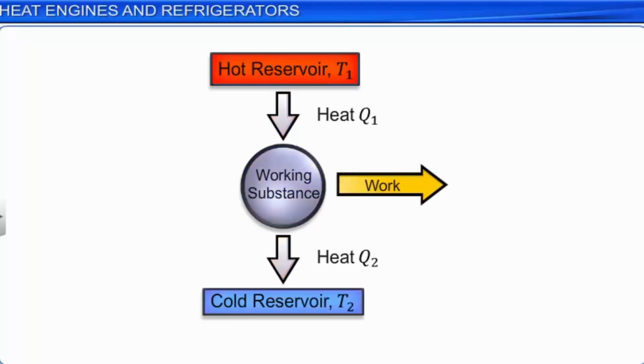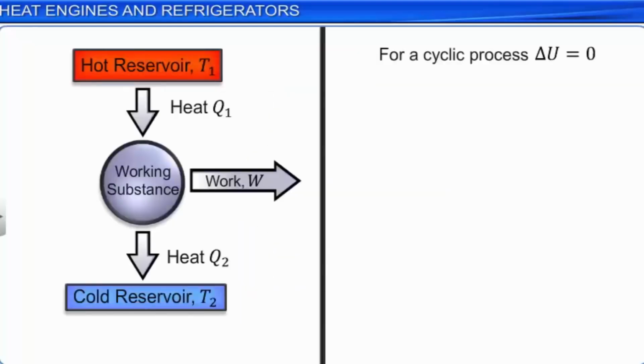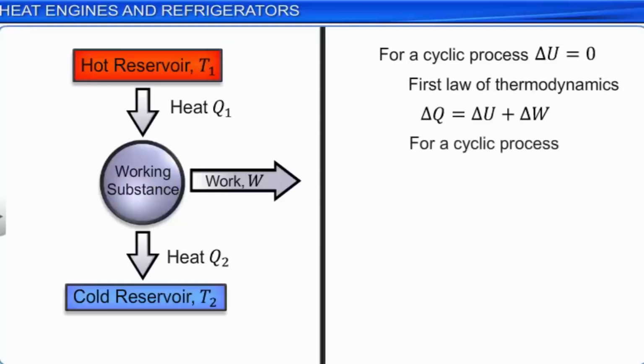That means delta U is equal to 0. But according to the first law of thermodynamics, we have delta Q is equal to delta U plus delta W. Therefore, for a cyclic process, delta Q is equal to delta W. As the heat absorbed and heat rejected by the system are Q1 and Q2 respectively, delta Q is equal to Q1 minus Q2.